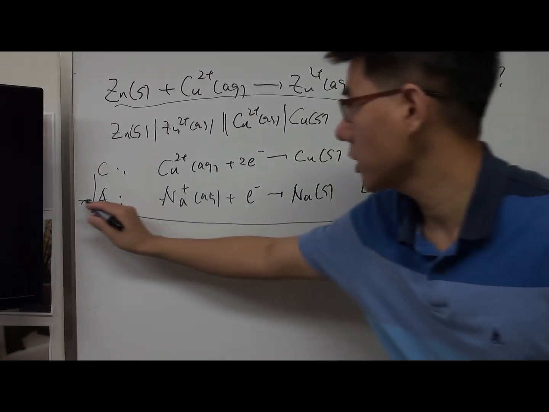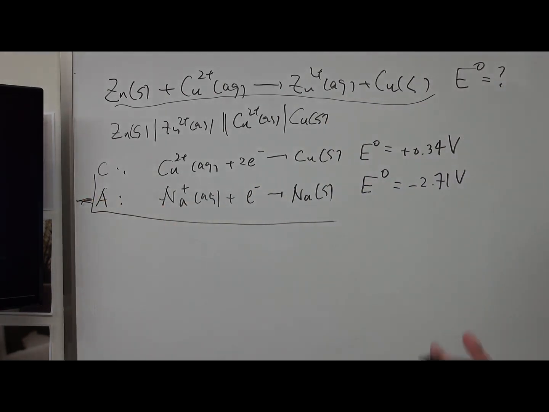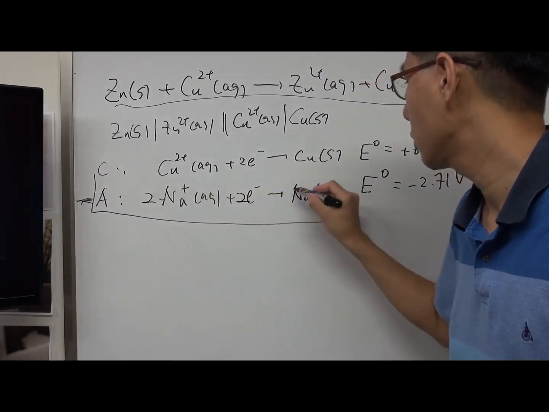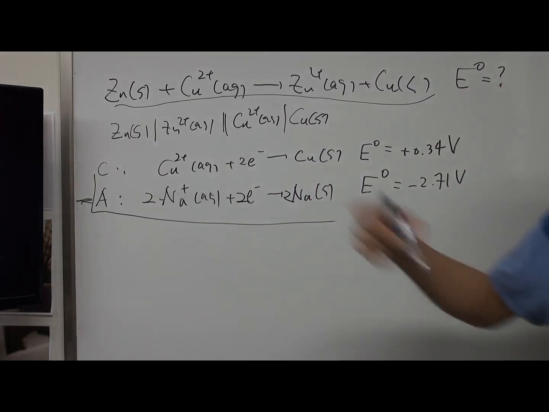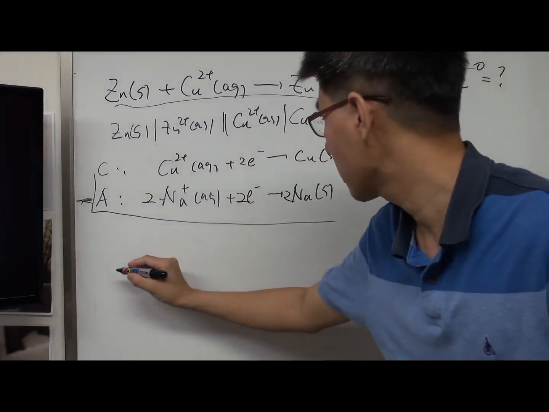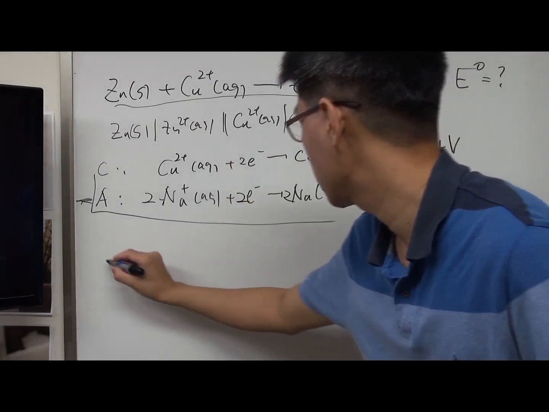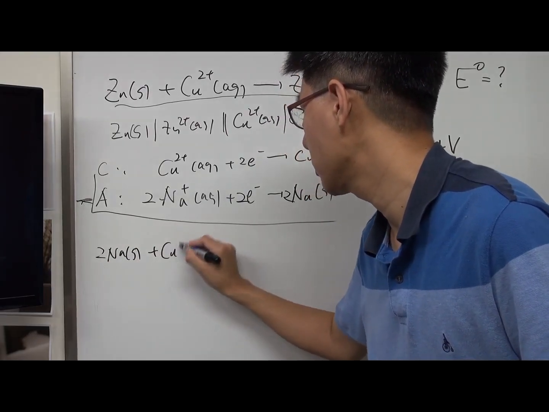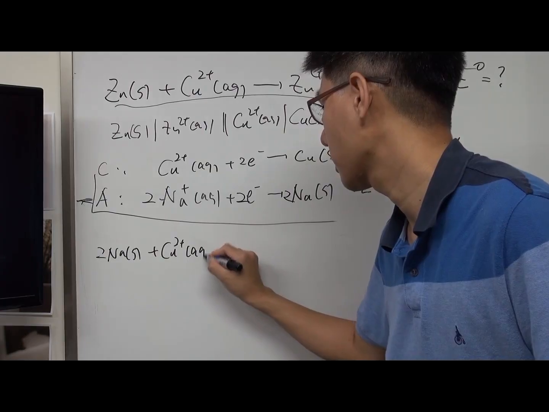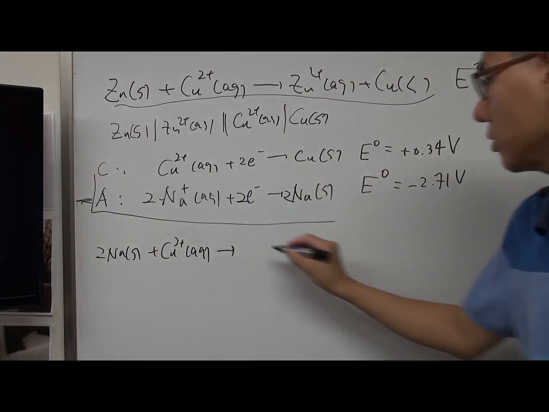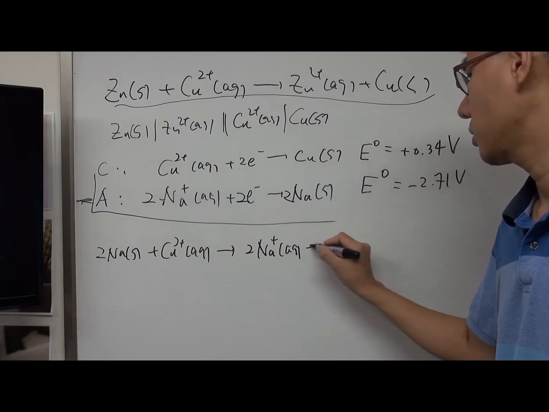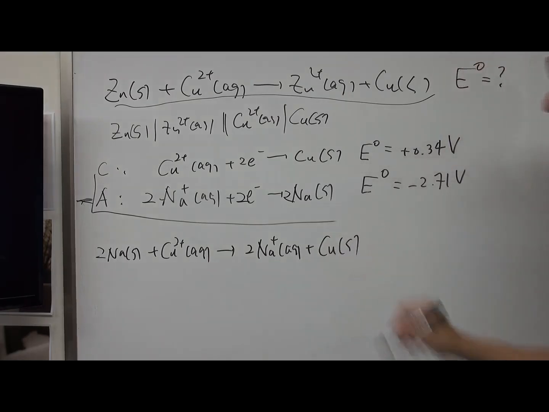Then to subtract these two reactions, what you need to do is multiply by 2 on both sides and subtract, right? Then what you get is 2Na(s) plus Cu2+ goes to 2Na+ plus Cu(s).